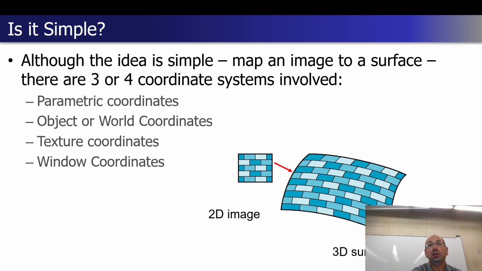In general, for texture mapping to make sense for your application, either A, you're starting with some rendering or modeling software that's going to generate the texture coordinates for you, or B, you're going to have some mathematical model of how you're going to apply those texture coordinates.